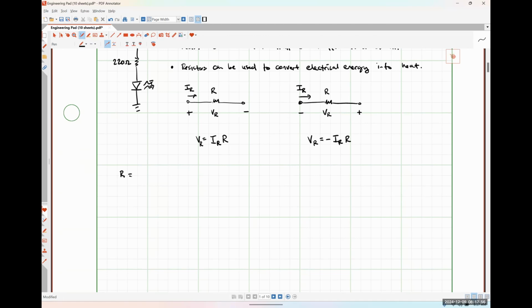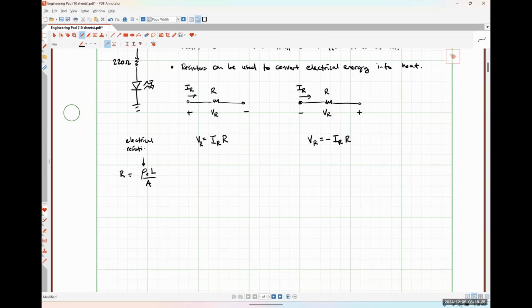So resistance is equal to rho E times L over A. Is this vaguely familiar to any of you guys, or is this new? Physics 202? Okay.